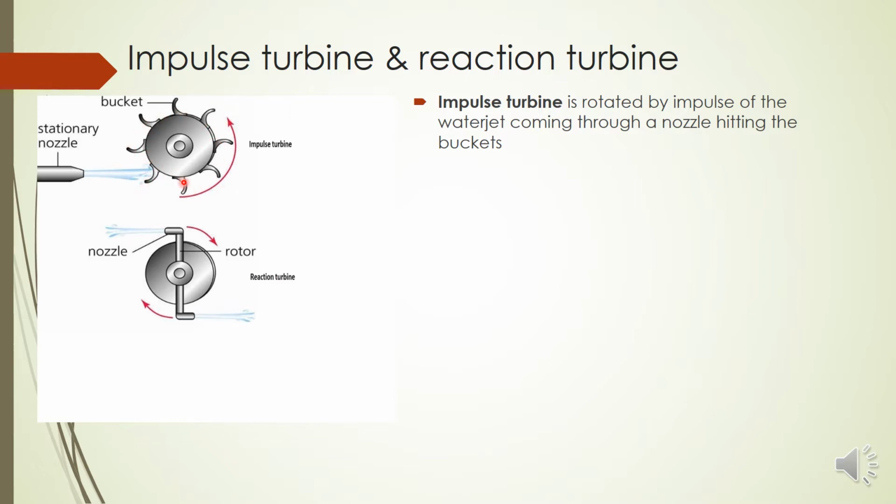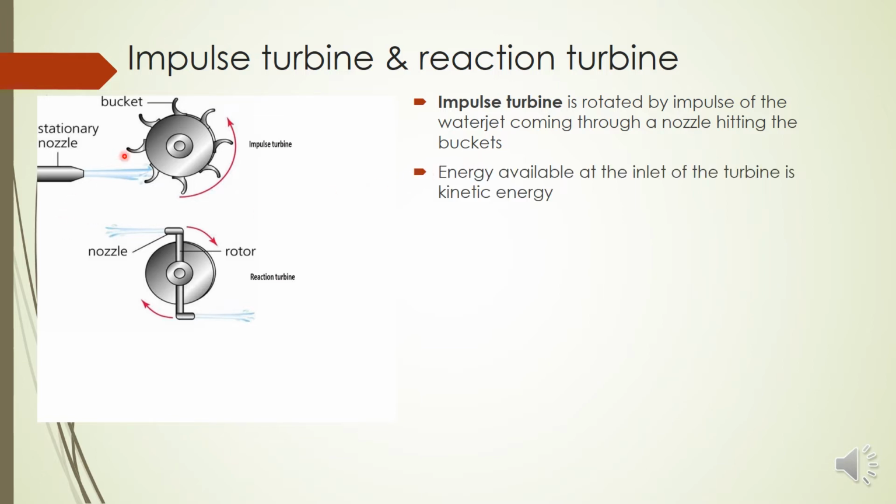So these are the blades, we call them buckets in impulse turbine. So water hits one blade, it rotates, the next blade comes, it rotates. So like that it will achieve a constant speed. So each blade is acted on by a large force for a short period of time. So that is why we call it impulse turbine. So it is rotated by the impulse of water jet coming through a nozzle and hitting the buckets one by one.